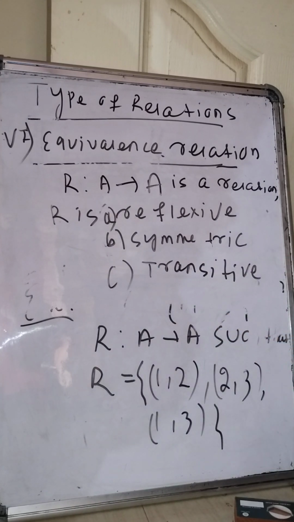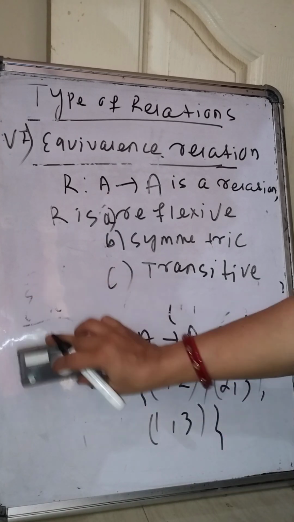So if a relation is reflexive, symmetric, and transitive at a time, then the relation R is called an equivalence relation.